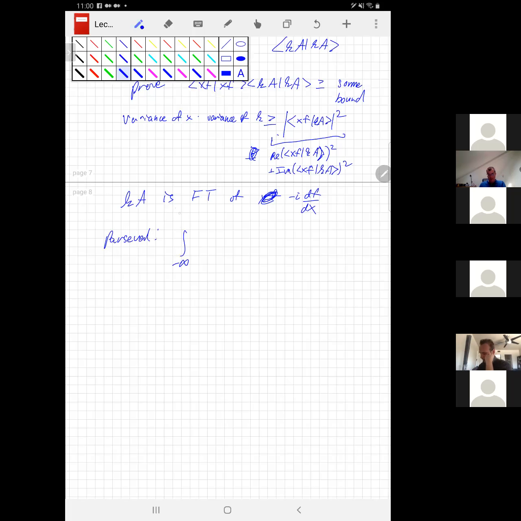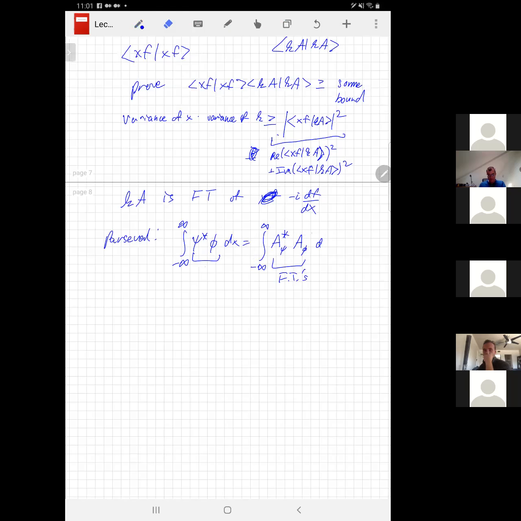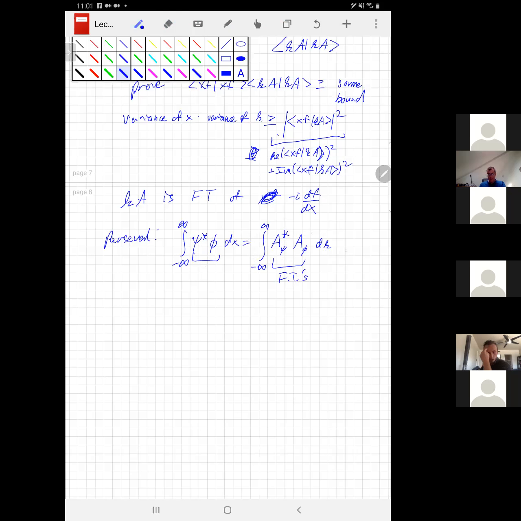The integral from minus infinity to infinity of, I'm not going to use f and g, I'm going to say psi star phi, these are two functions, dx equals the integral from minus infinity to infinity of a psi star, a phi, where these are the Fourier transforms. Oh, and the second one shouldn't have been starred, my bad. dk.